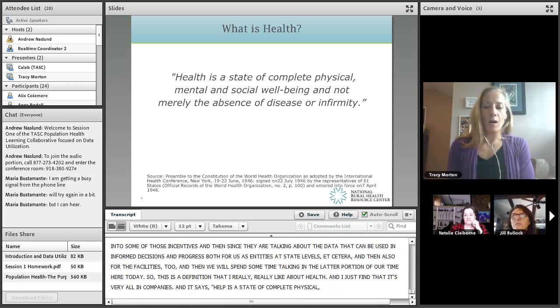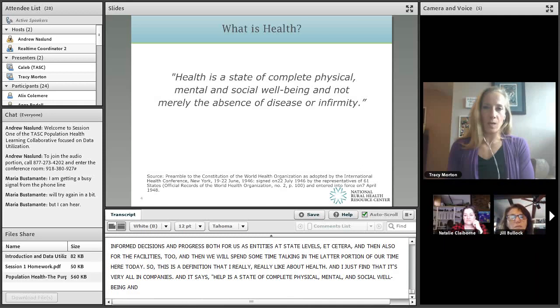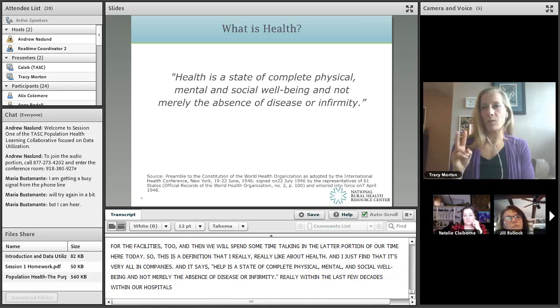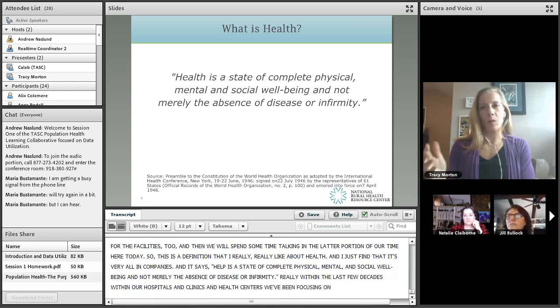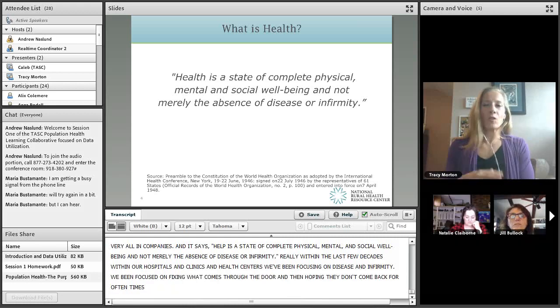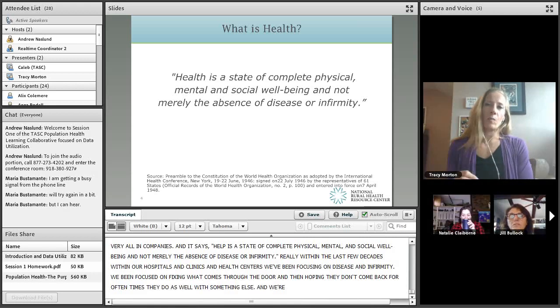So this is a definition that I really like about health, and I find that it's very all-encompassing. It says health is a state of complete physical, mental, and social well-being, and not merely the absence of disease or infirmity. If we think pre-pandemic, really within the last few decades, within our hospitals, clinics, and health centers, we've been focusing on disease and infirmity.